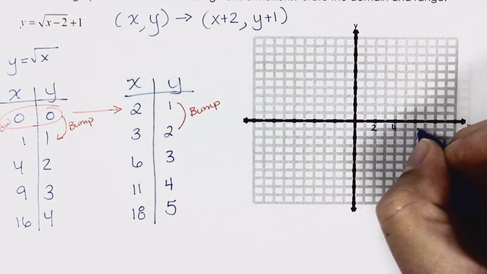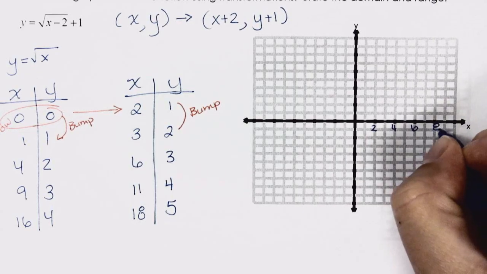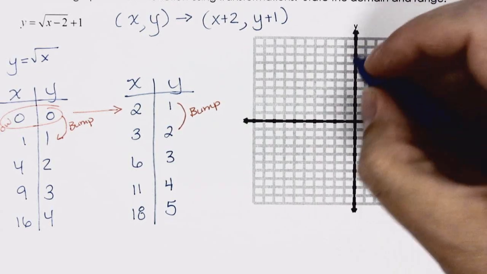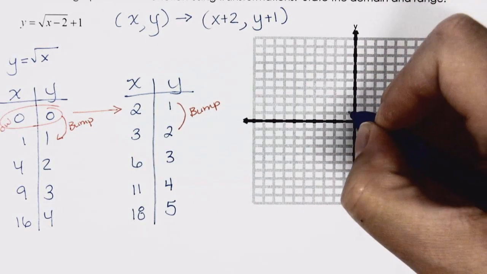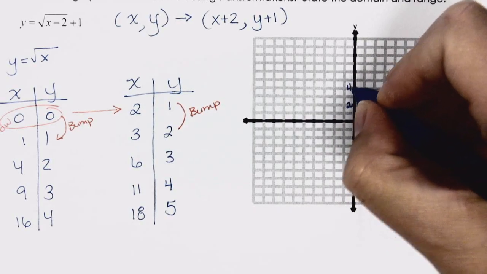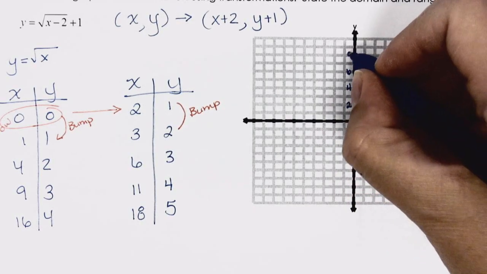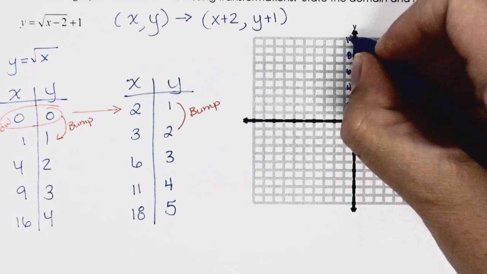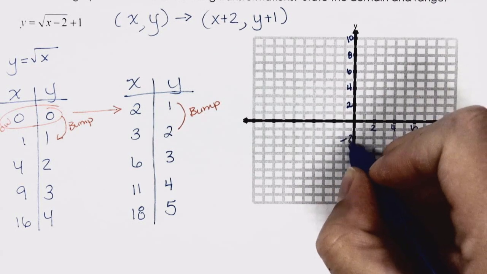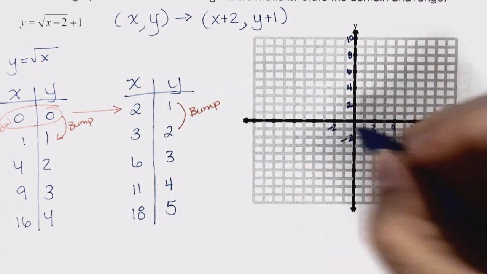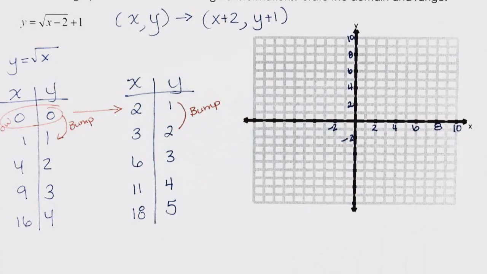2, 4, 6, 8, 10. All right, all my values are positive, so I'm not worried too much about the negative ones.